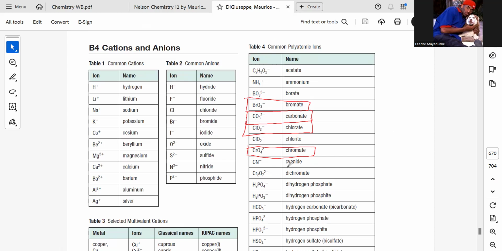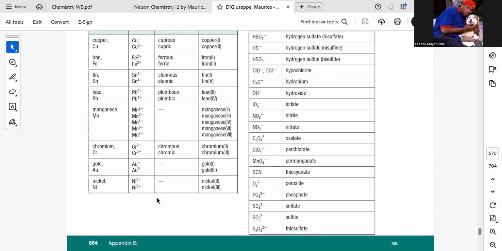Phosphate, sulfate, nitrate you don't have to memorize.